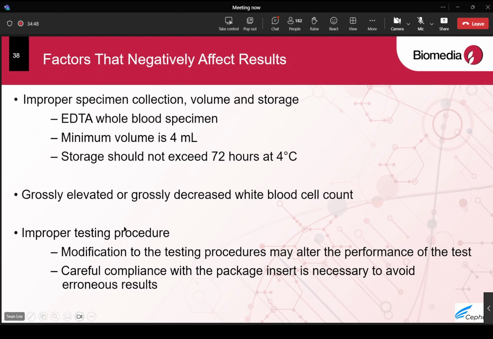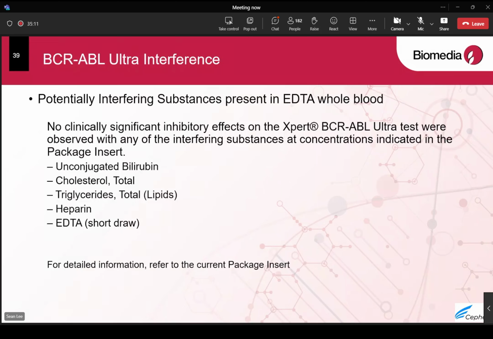In testing procedures, if you are not doing the steps correctly, the result you get might not be valid. So do standardize this procedure all the time. Do not simply change or modify the procedure, because it may alter the performance of the test. There are potential interfering substances in the blood that may affect the test.